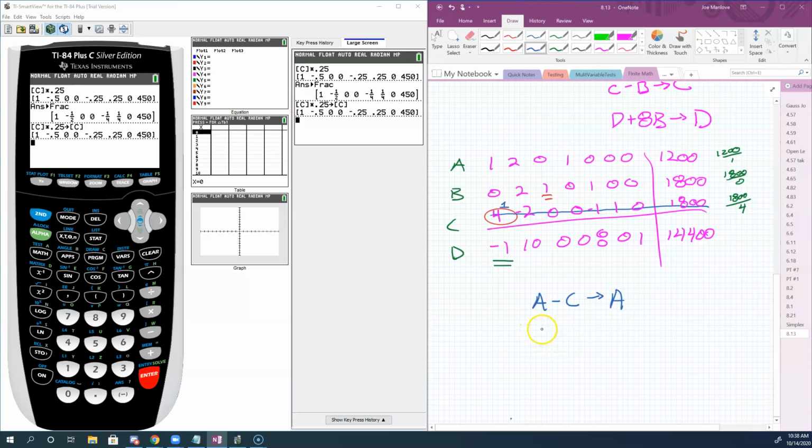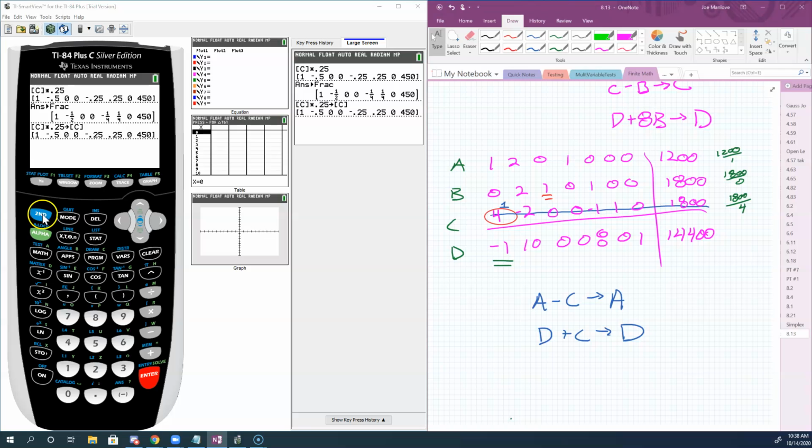Okay, and then row B has a leading 0, so what does it need? It doesn't need to be modified. Good. Yeah, it doesn't need anything. How about row D? You add row C. Okay. I need to add row C, and I'm going to store that back into row D.